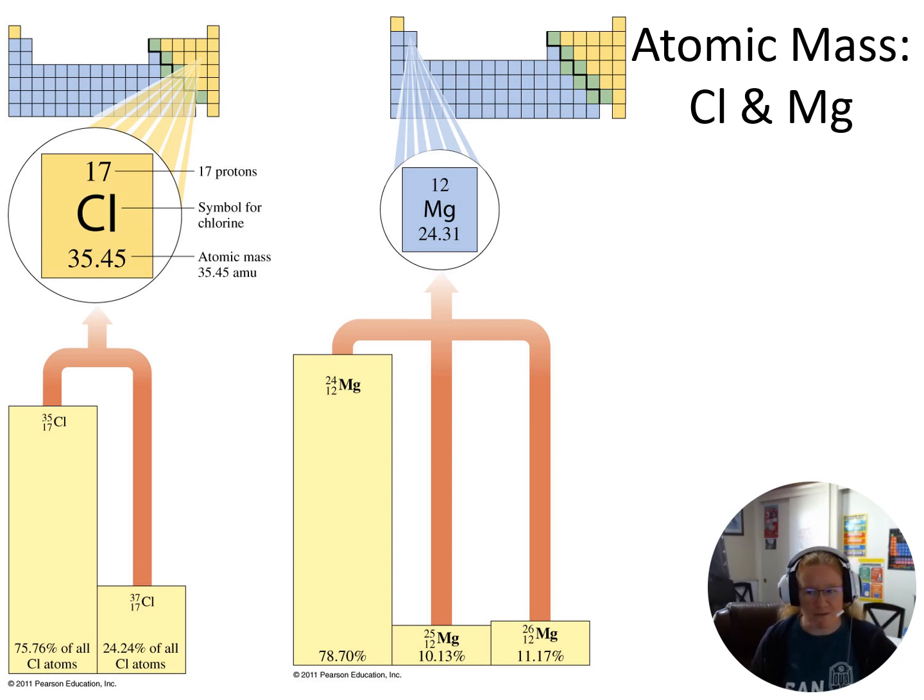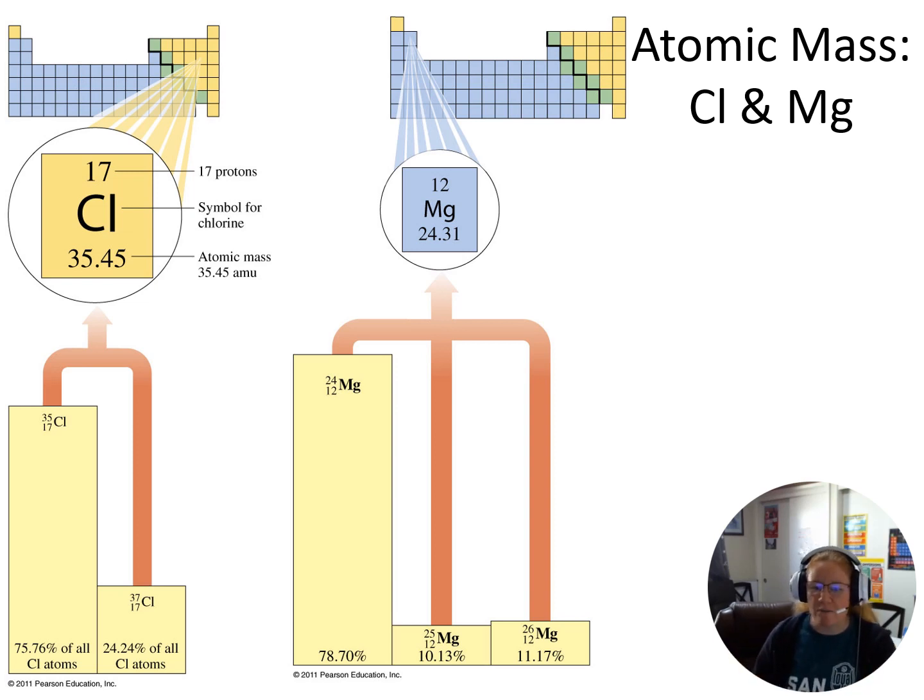I have 35.45 because 75.76% of chlorine has a weight of 35, and only 24.24% of chlorine has a weight of 37. So in a sample of chlorine, I have a lot more atoms that weigh 35 than I do 37.